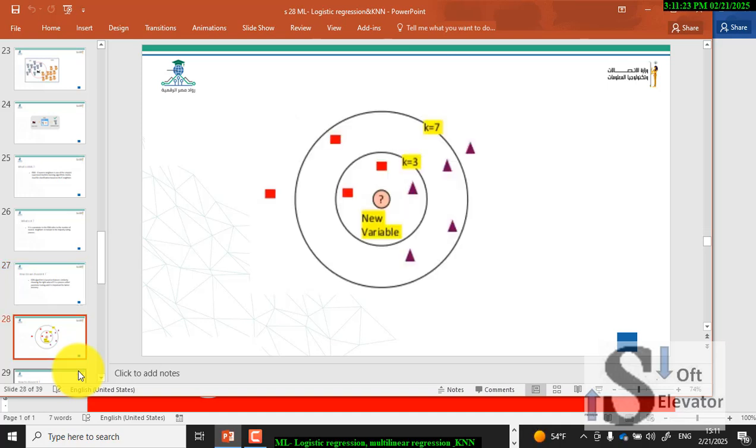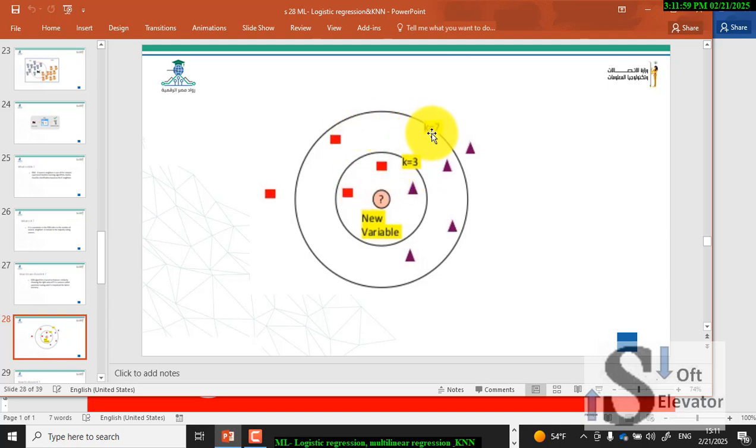Here, this is a new variable, and where will it go? It will go to the red boxes or these triangles. Here in this circle, it's nearest to this. There are two nearest neighbors that are red boxes, while one is a triangle. So for K equals 3, it's a red box.